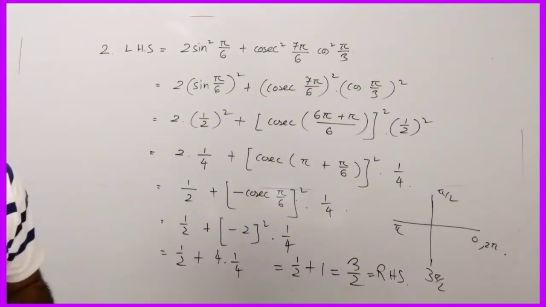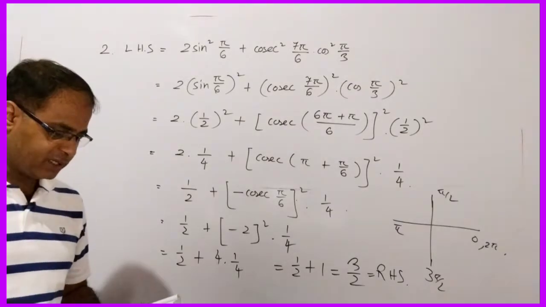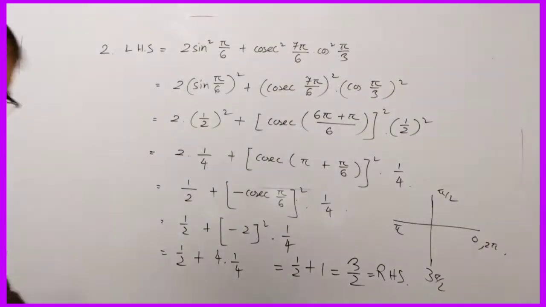In the question number 5 we are given: find the values of sin 75 degree and tan 15 degree. Sin 75 degree.